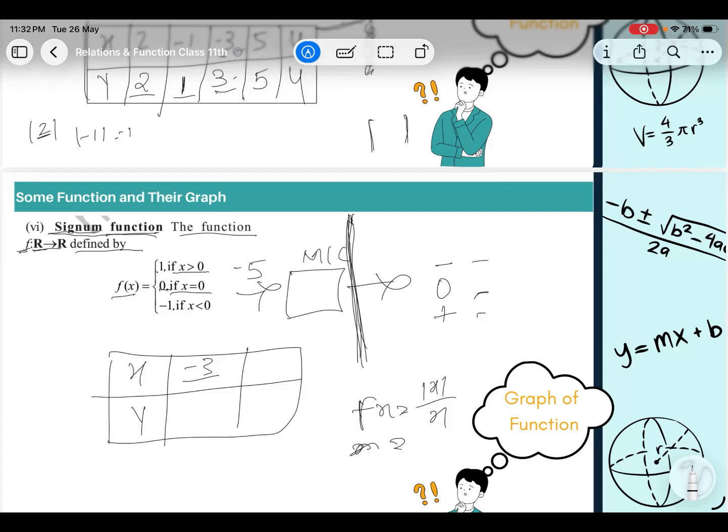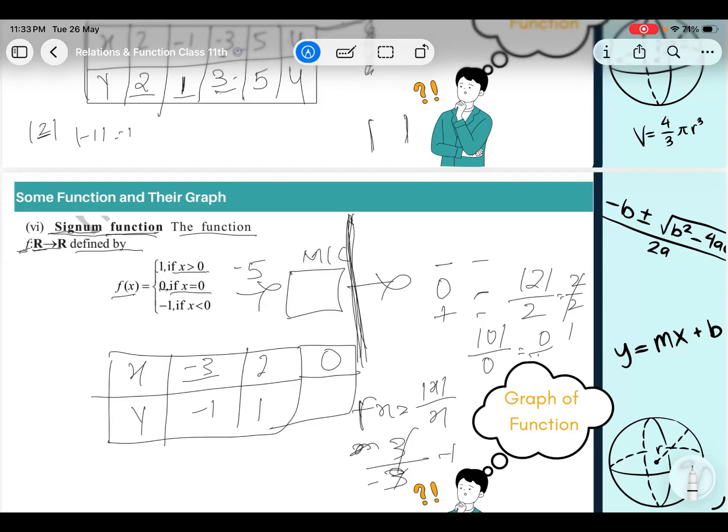It will be 3. It will be 3 by minus 3. This is minus 1. So the answer will be minus 1. This is a negative number. Suppose we have given 2, then it will take mod of 2 by 2. So it will be 2 by 2, cancel, and the answer will be 1. Suppose you give it 0, then mod of 0 by 0 equals 0. So this is a 0.